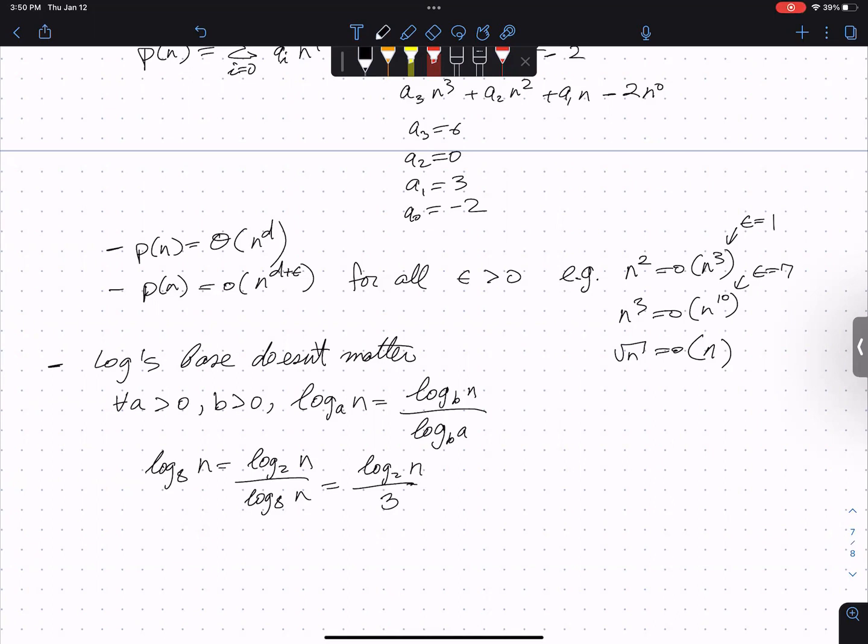So therefore, log base A of n is theta of log base B of n, for any A and any B. And that's why you'll notice in homeworks and exams, we don't even write the base of the log.